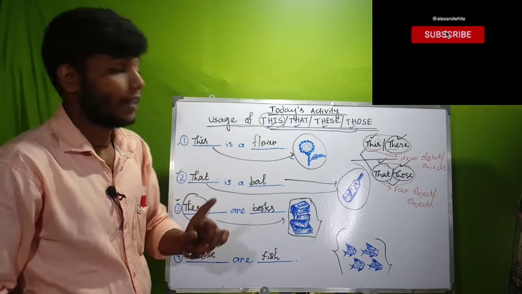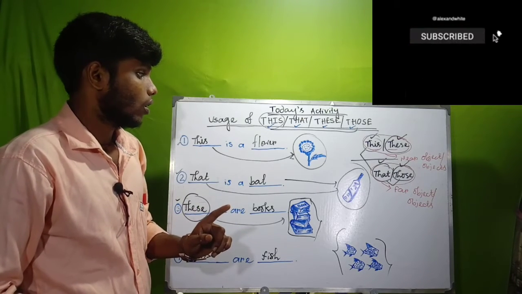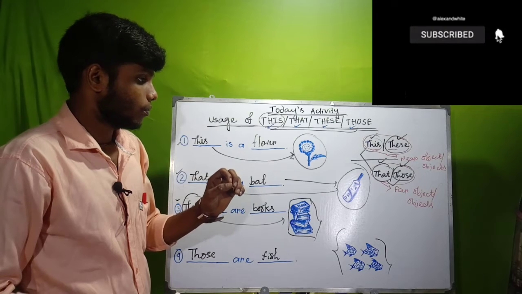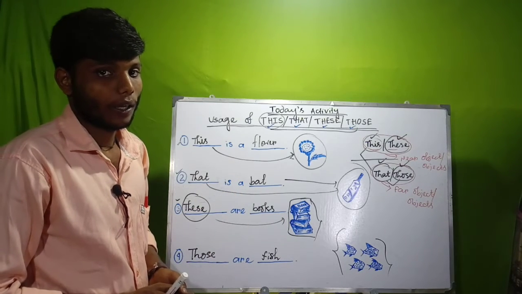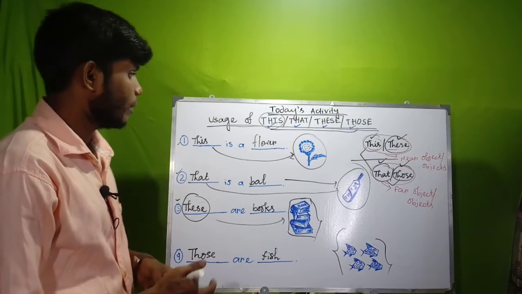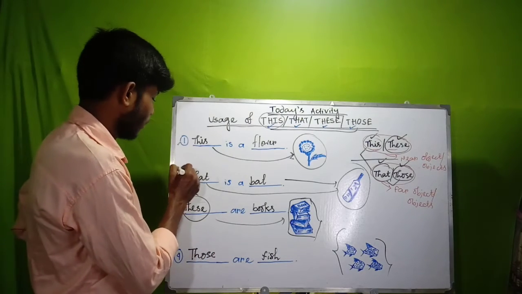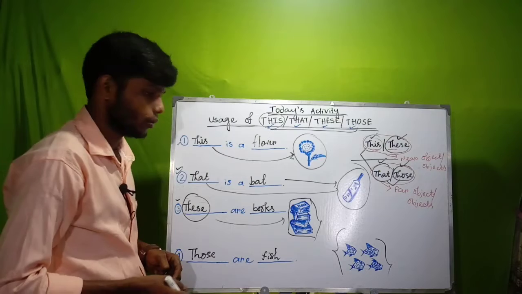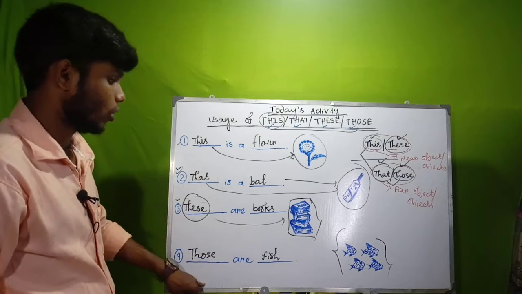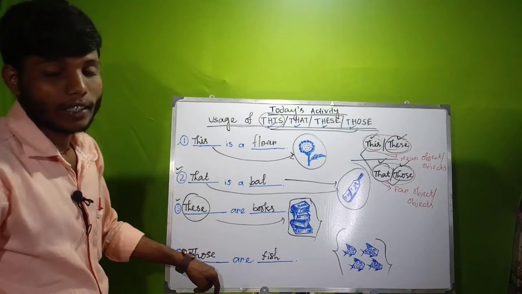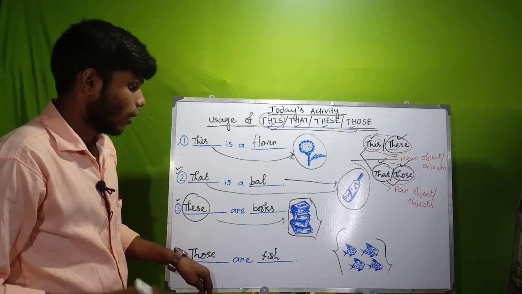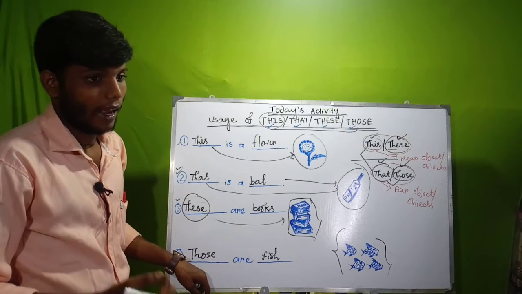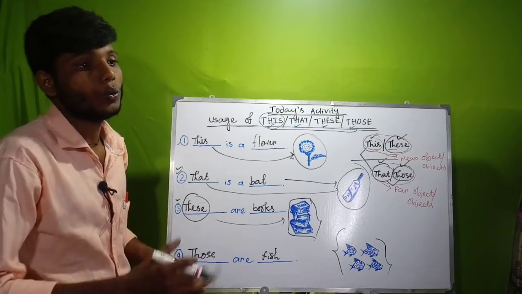As I mentioned in exercise number 2, those is put down in a sentence as a subject where we have seen more than one object, and the object belongs to far.